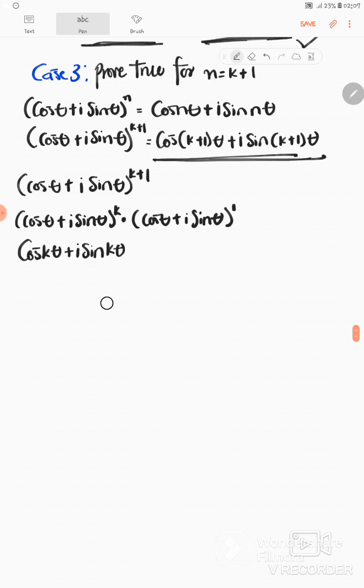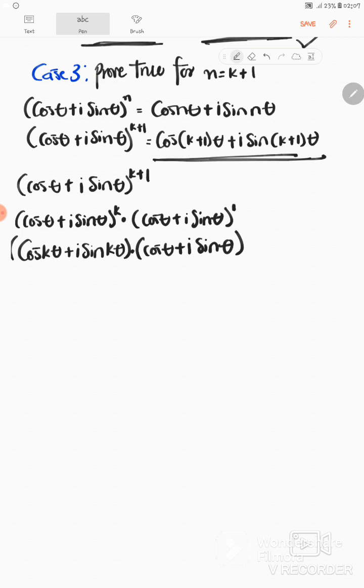No, that is not allowed. Now times (cos theta plus i sin theta), because this is raised to power 1, it just gives us the same thing.